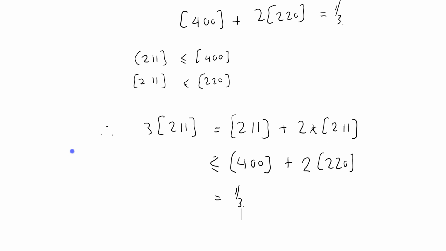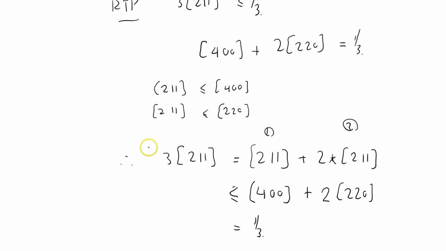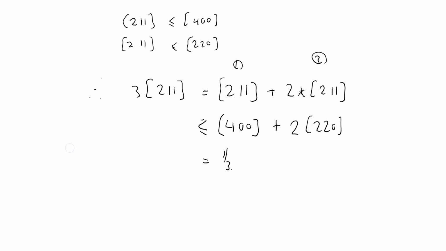Quite a lot going on here. All I've done is taken that 211 and written 1 copy there and 2 copies there, right? Why am I taking 3 times this? Because that's what we're trying to prove. Now, this one is true by Muirhead, and this one is also true by Muirhead.